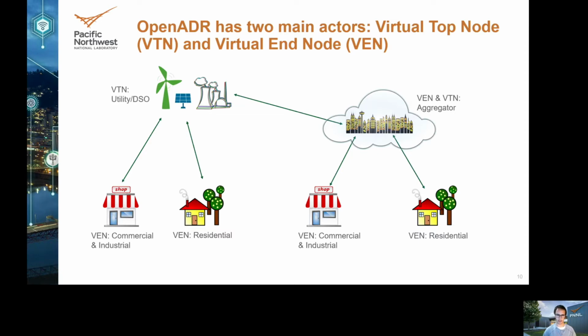The VEN, it's a logical endpoint, and its responsibility is to receive the DR event messages and information from the VTN and then translate that information into something usable by outside systems. And it's typically an interface between the utility and the loads. And so a single VTN can connect to many VENs, but a single VEN can only connect to one VTN at a time.